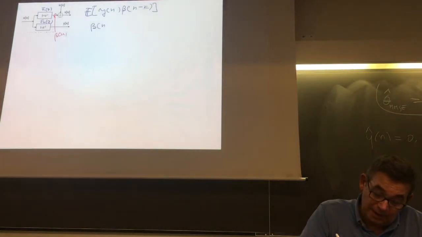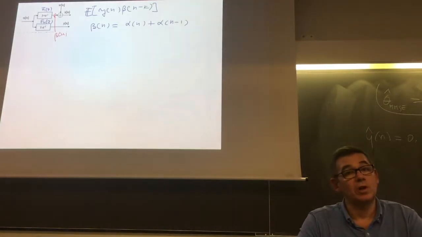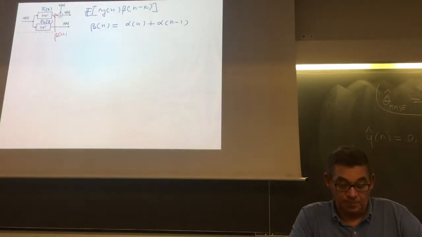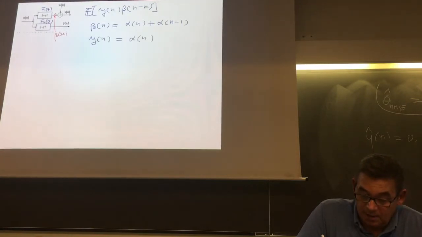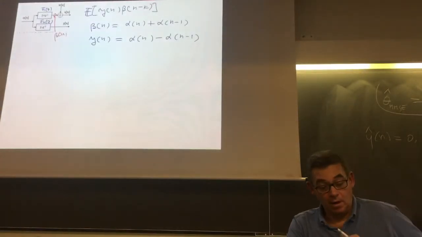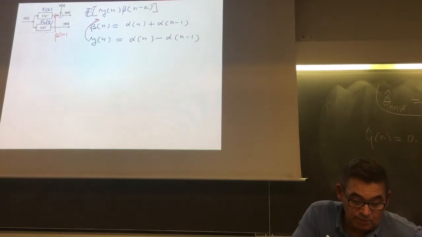So beta n is equal to alpha n plus alpha n minus 1. So I go back to the finite difference equations, and y n is equal to alpha n minus alpha n minus 1. So now I put these two terms inside here.